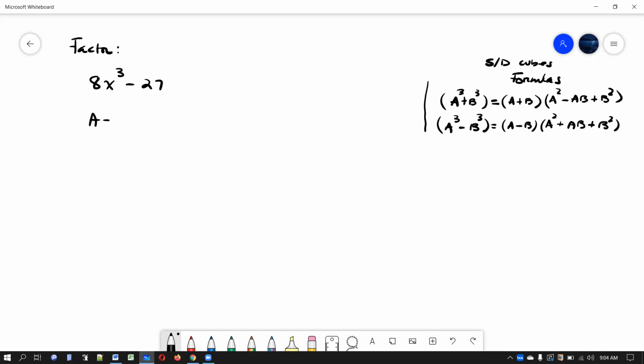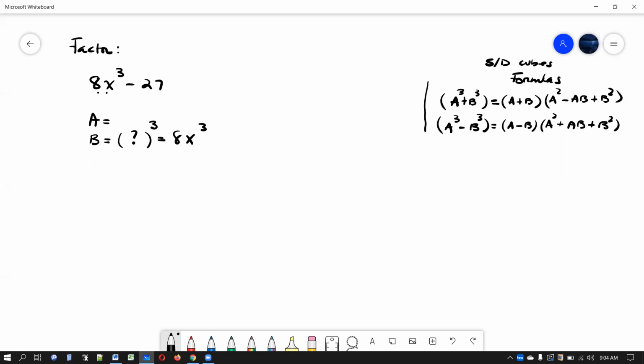So I have to identify A and B first. So what is A? A is going to be a term. It could be a number, it could be a variable, it could be both. In this case, it's going to be both because I have a number and a variable, such that when I cube it, I will get 8x cubed.